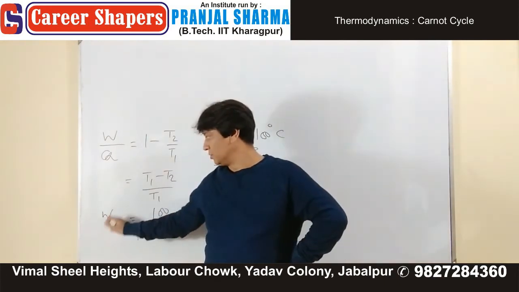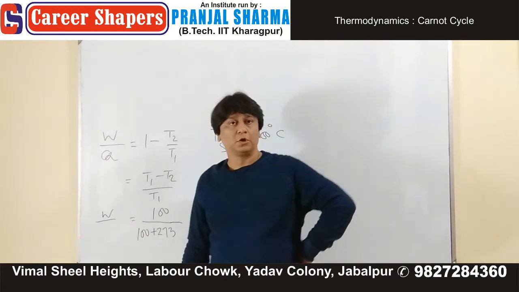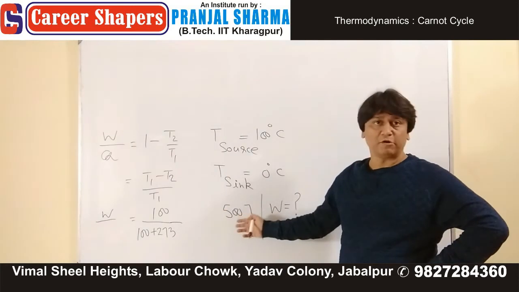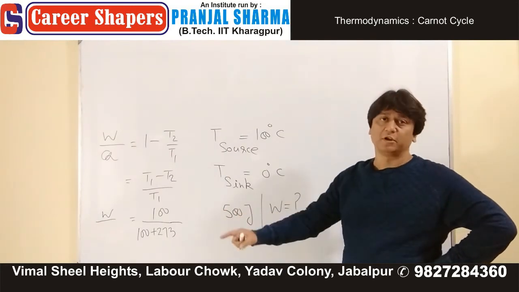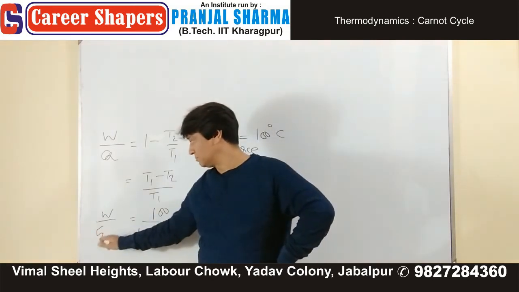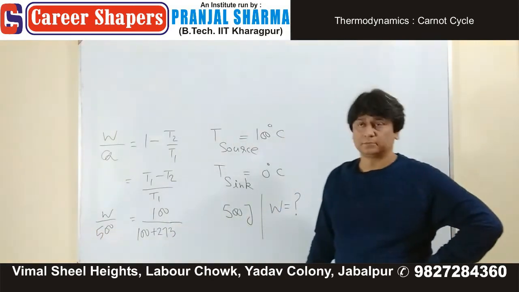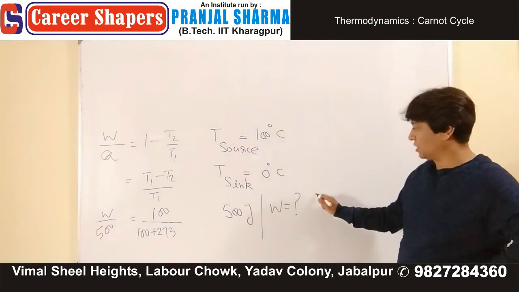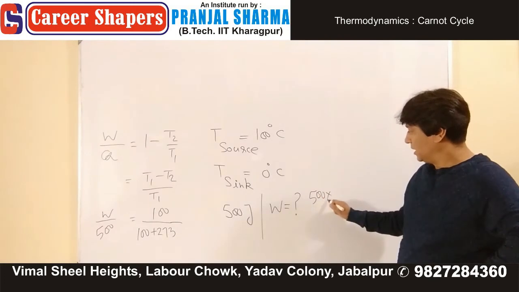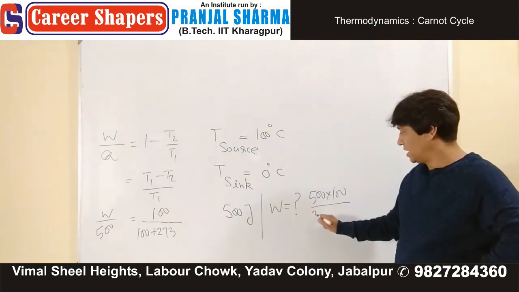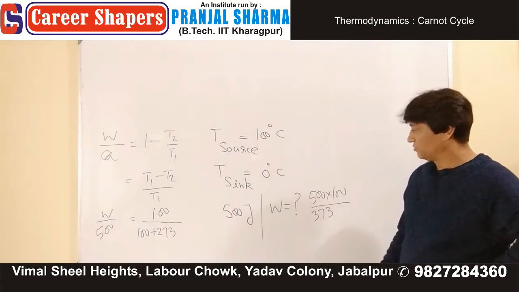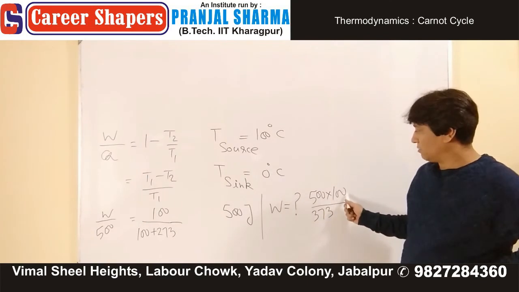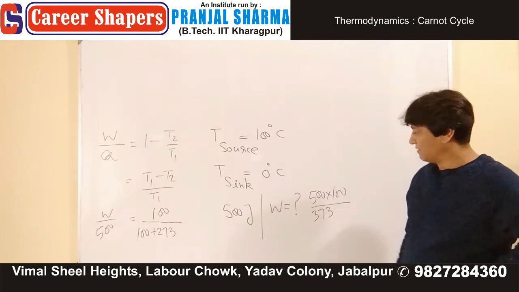I'm looking for W. What is Q? Q means the amount of heat given. The question tells you that 500 joules has been given to the system. So this is your 500, Q. W is required, which is coming 500 into 100 divided by 373.